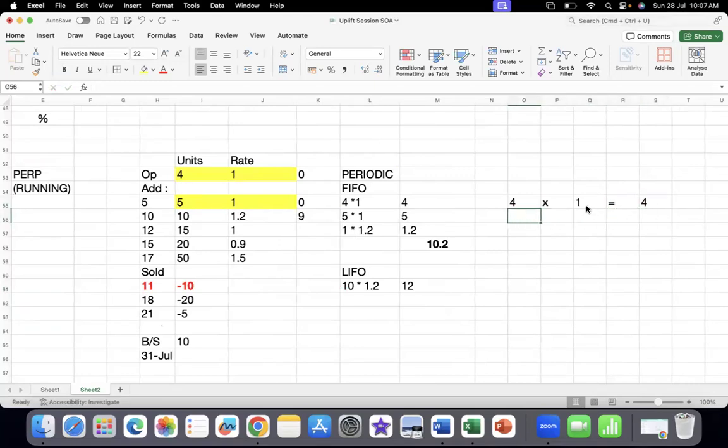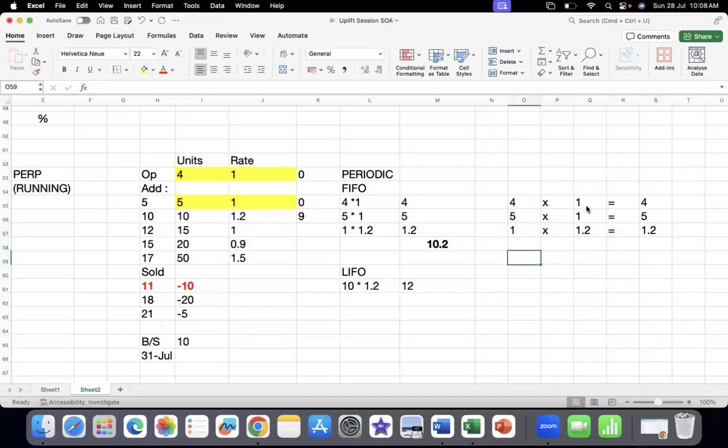Don't use this rate, just park it somewhere. 5 into 1 again, so that becomes 5. That's the rate which you already have, and then there is 1 into 1.2, that gives you 1.2.